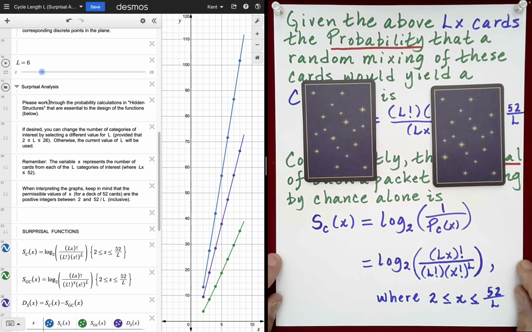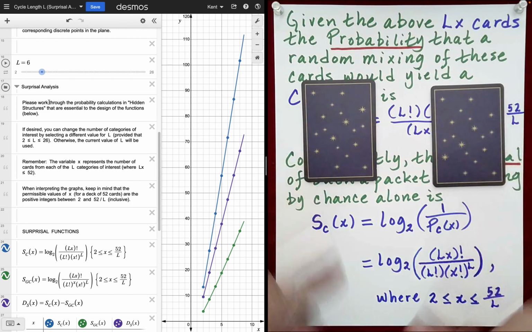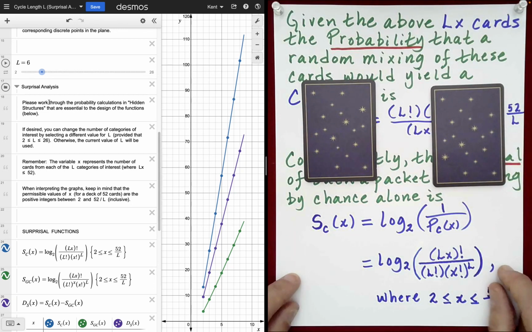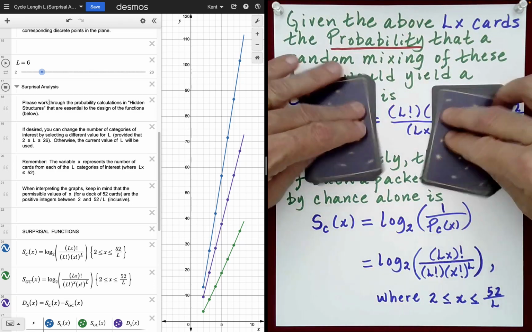And then the second step is to perform a riffle shuffle. Well, to perform a riffle shuffle, given such a relatively small packet of cards, is a bit tricky. So a better shuffle to use in this situation, when you have a smaller packet to work with, is to use a rosette shuffle.